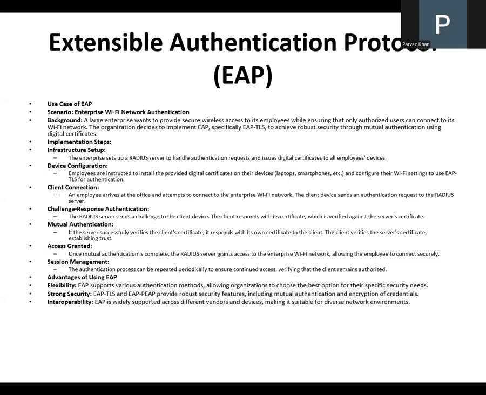So the two certificates are verified between each other, and mutual authentication happens. If the server successfully verifies the certificate, it responds with its own certificate to the client. The client verifies the server certificate and establishes trust. Once the trust is established, authentication happens and it allows the access.